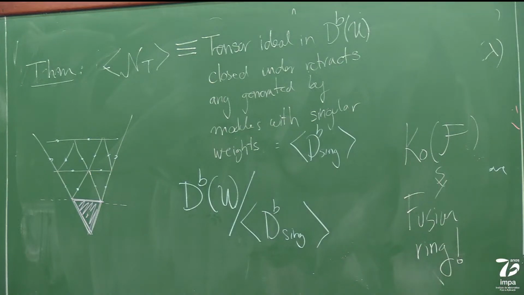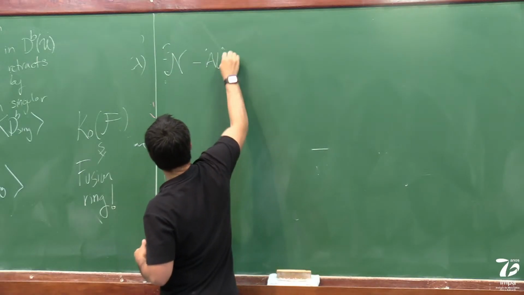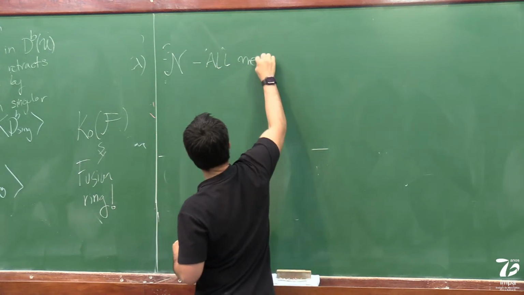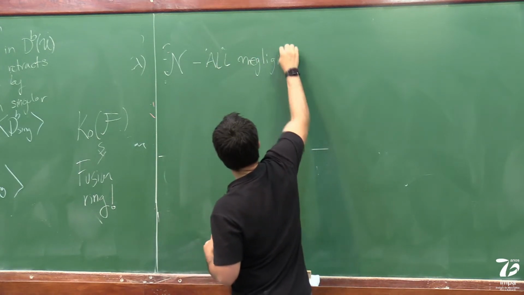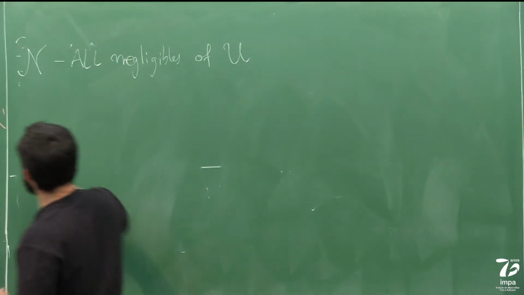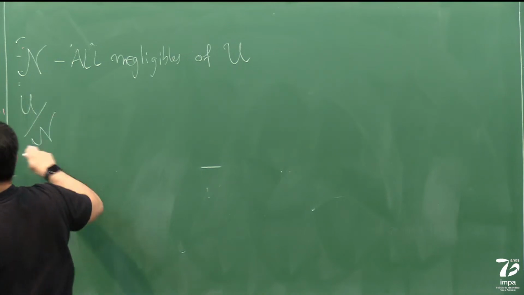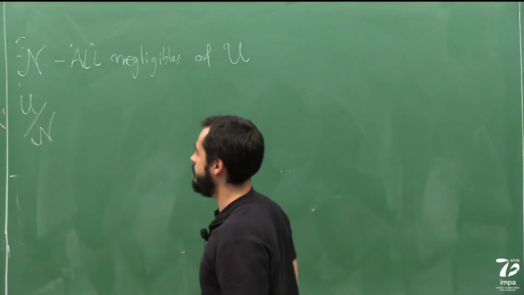So the question is the following. If these are all the negligibles of the category of finite dimensional representations, in the usual case this has infinitely many simples.